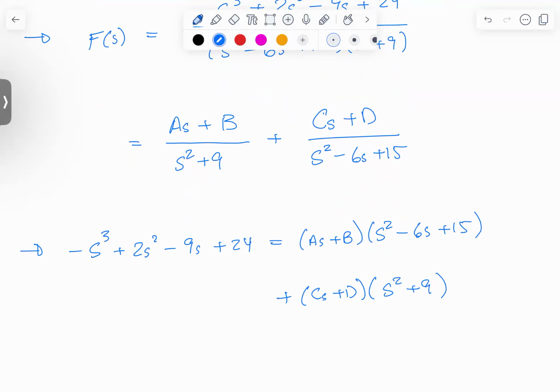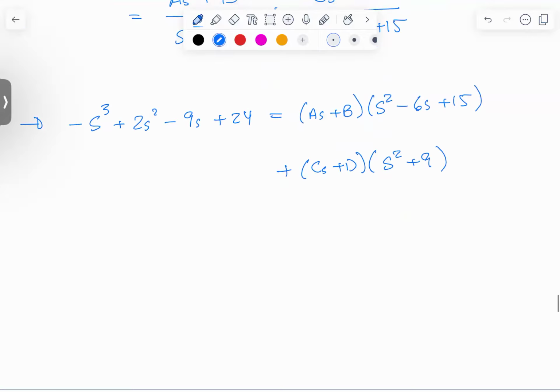Now I have to FOIL both of those out. And that's not even the worst part yet. Oh, not even close. Just fine.